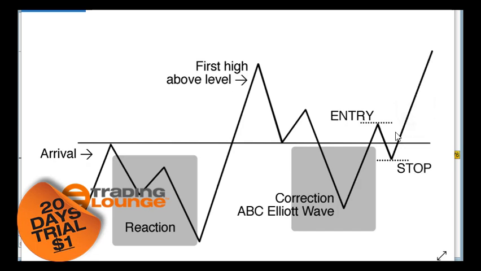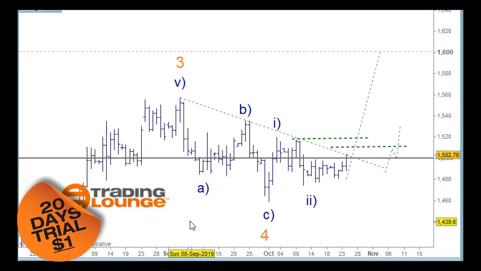Normally, trading in any time frame, we would exit here and look to enter over here and basically miss the corrective pattern here, which we really need as the accumulation pattern for the next distribution pattern in terms of the trend. So in that case, we've got the arrival, the reaction, the first high above the level, the ABC pattern here, wave 1, ABC for 2 here, and we're looking to take this high out here.